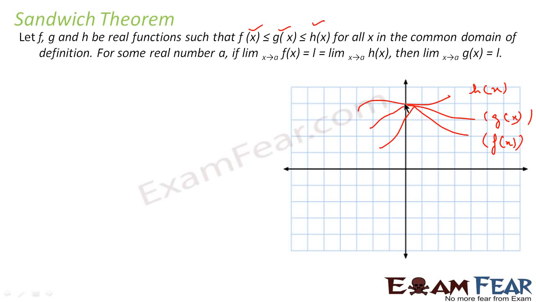For a given point, for example, this point is a. So if for f(x) and h(x), let's suppose this value is L, that is, h(a) is L and f(a) is also L. That is, these 2 points meet at L. Then in that case, g(a) will also be equal to L. Why?